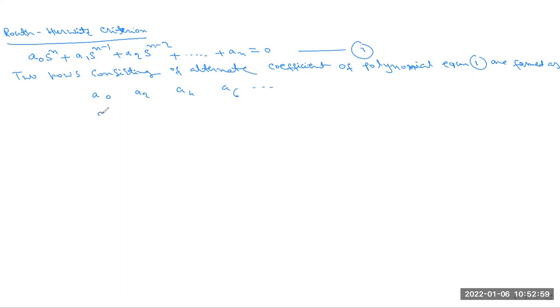Another one is a1, a3, a5, a7 dot dot. So these are basically the two rows consisting of the Routh criteria. One is the even position a0, a2, a4, a6 and so on, and then the odd position a1, a3, a5, a7 dot dot up to the n number of terms.